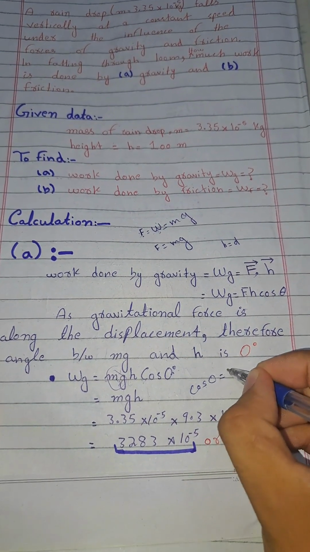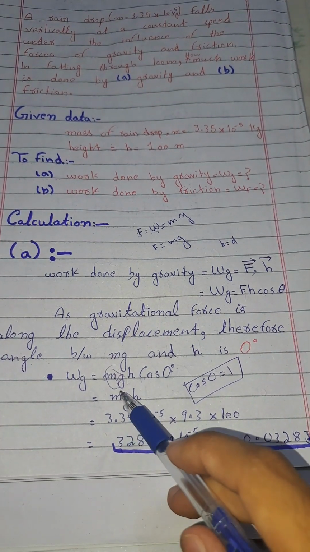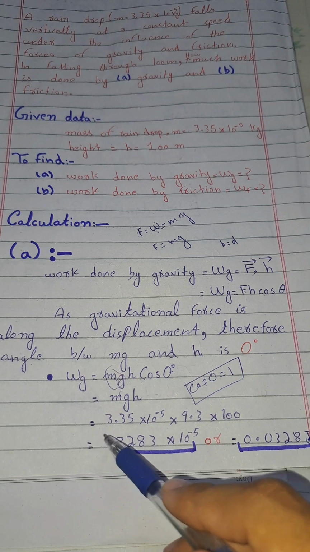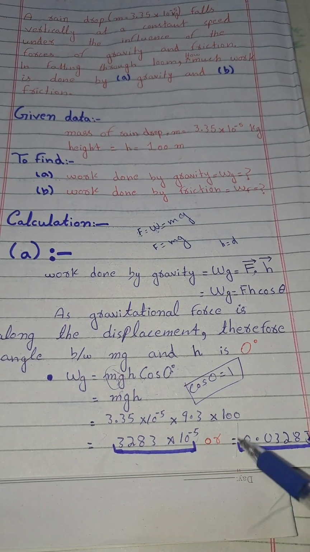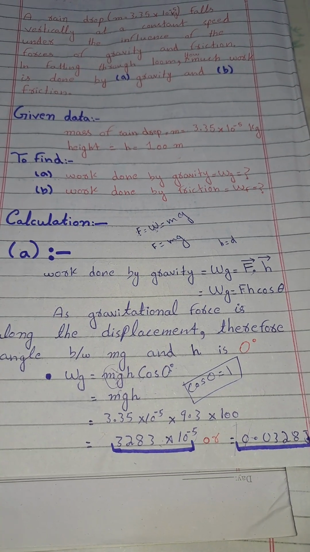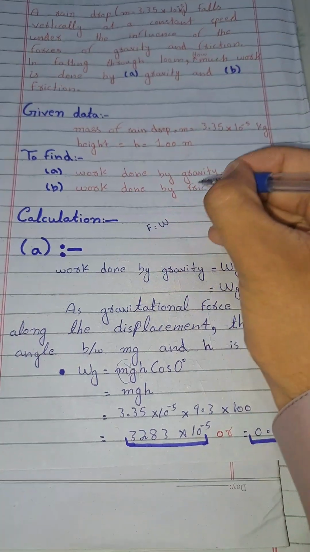Now we just put the values of mg and h and solve by calculator, and then you can write the answer in scientific notation. Here we have finished the first part, work done by gravity.